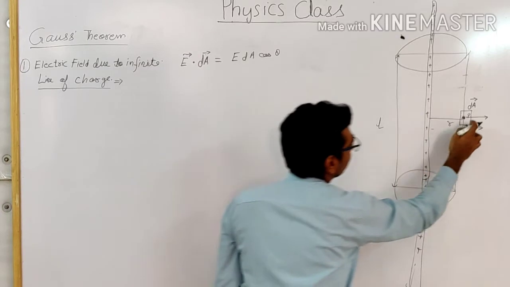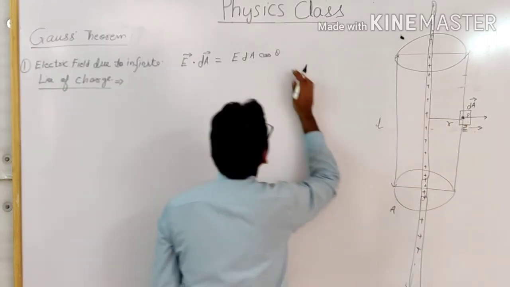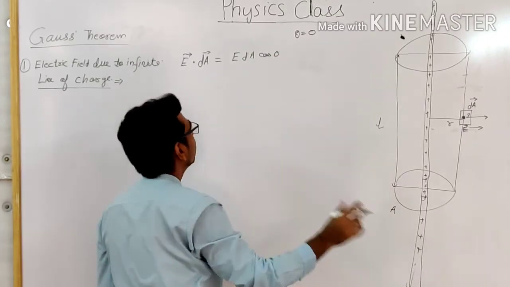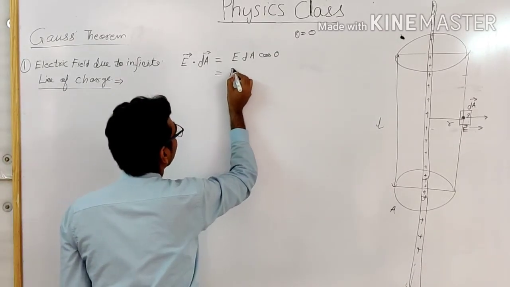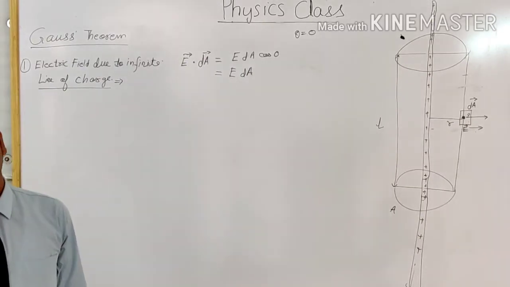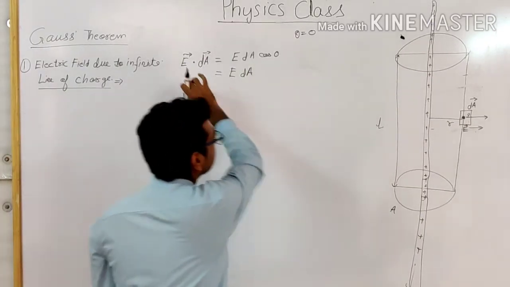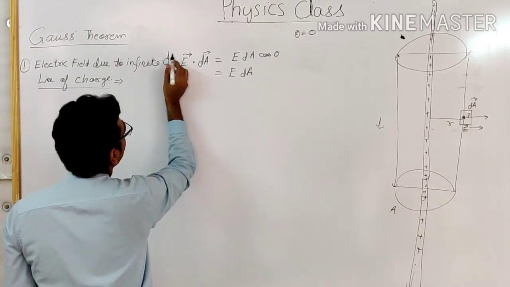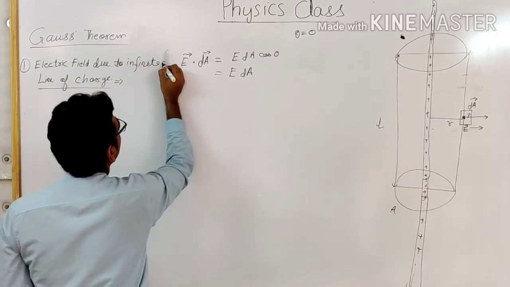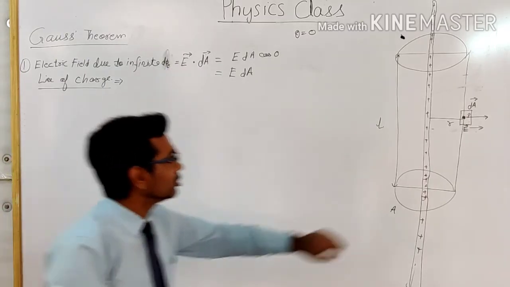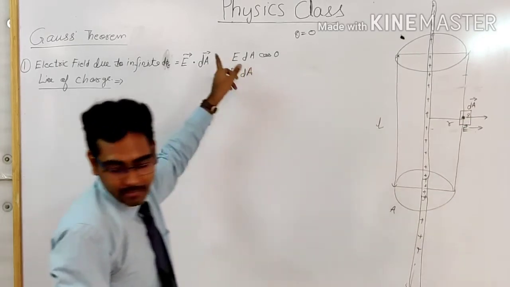And what is the angle over here? Since they are parallel, theta is equal to 0, and cos 0 is 1. This will be equal to E dA. Got it? This is the flux passing through. Since we have taken dA, we will write d phi E, the flux passing through only this dA surface.